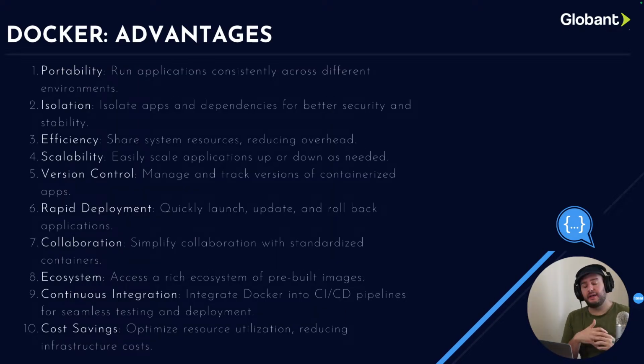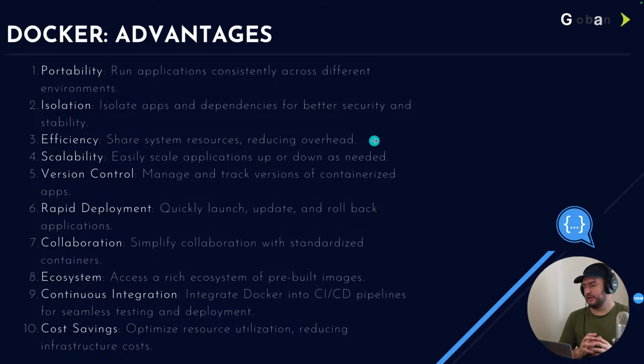So what are the advantages of using Docker? First is the portability. As we were saying, we can run applications in multiple places without almost any issues. Isolation as well. Applications become isolated, so they can be secure in a better way, and they're very stable. Efficiency.